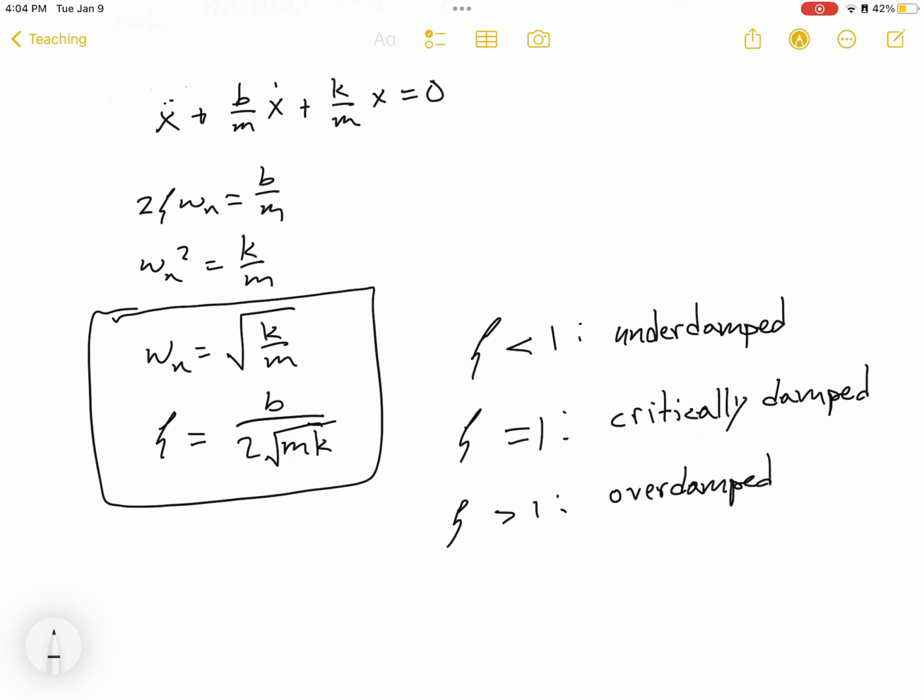If zeta equals 0, then that's an undamped system. There's no friction, no dissipation in that system.